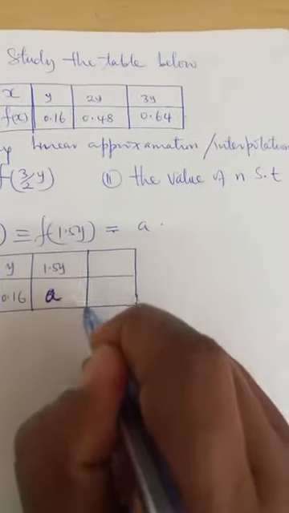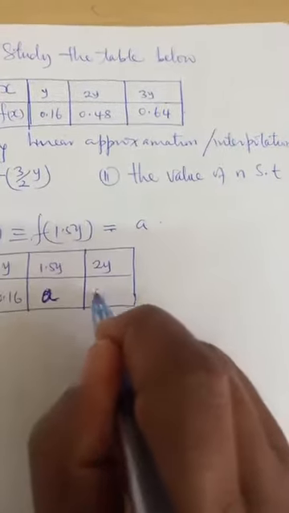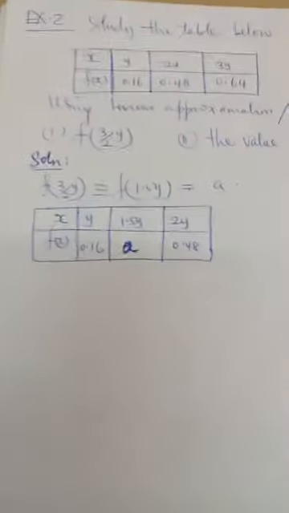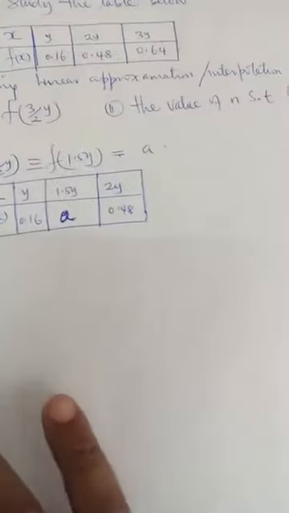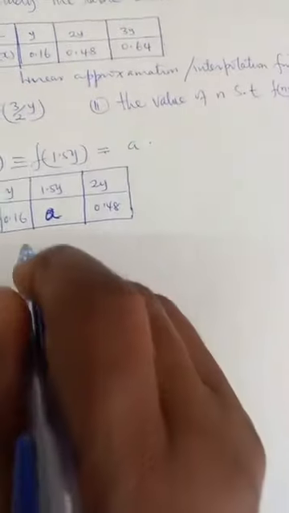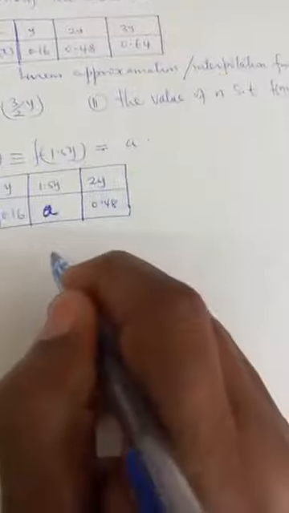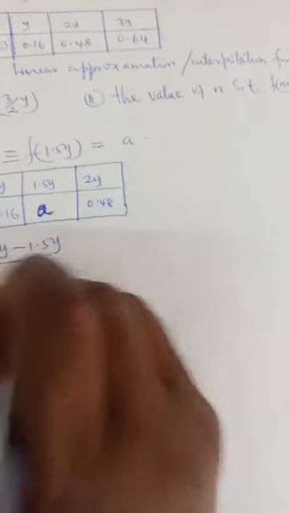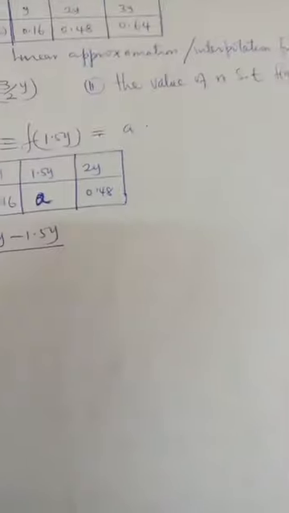And then we have 2y and 0.48. So by looking for the gradient, I told you the order does not matter. I can say y minus 1.5y over, I consider again y minus 2y.